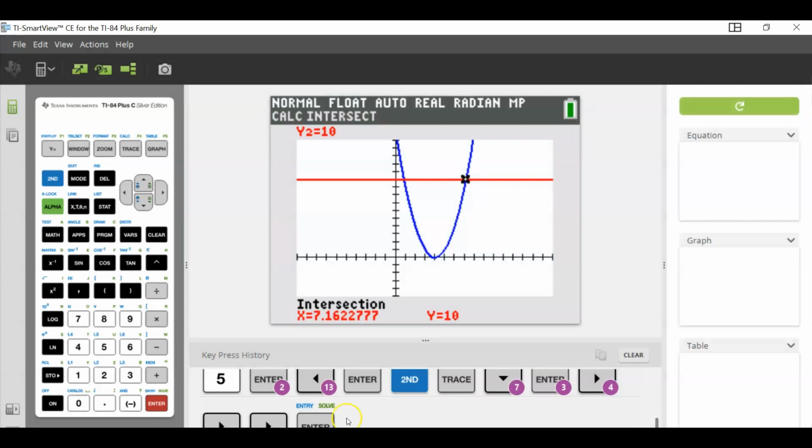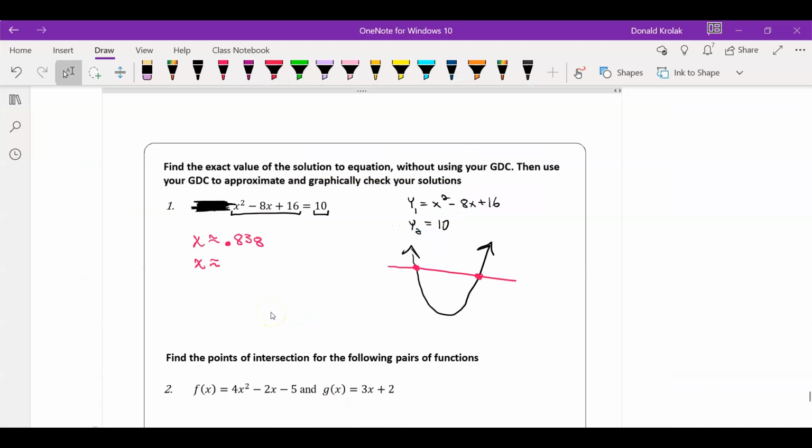And that's my other root then. It's the x coordinate that is your solutions, not your y coordinate.